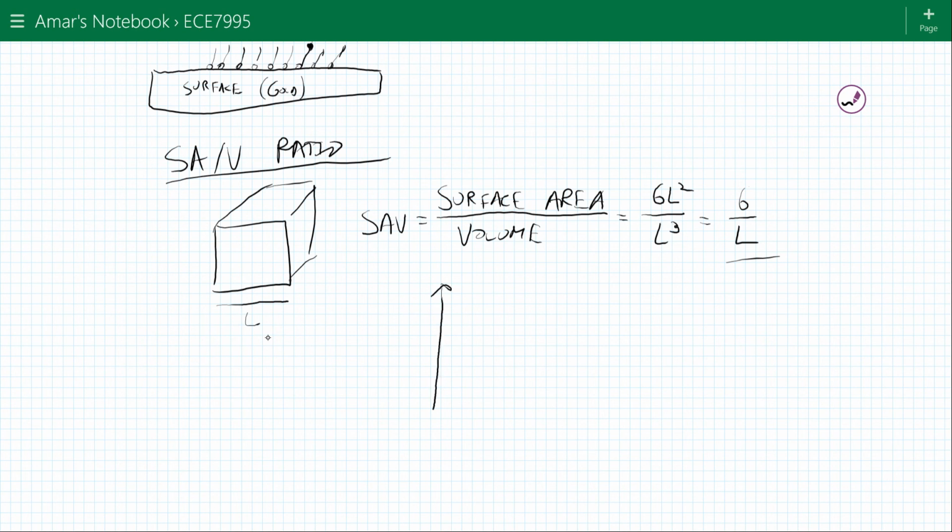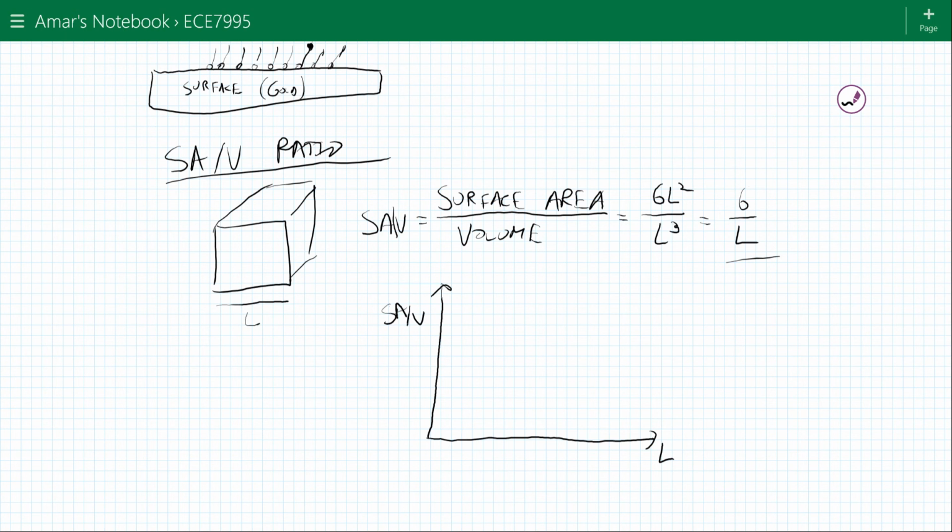So if we were to make a plot of this, this is L, and this is your surface area to volume ratio. All right, this is going up. This is a 1 over L function, right?